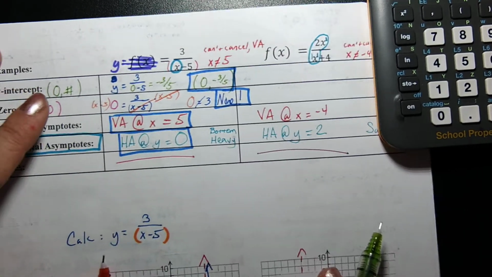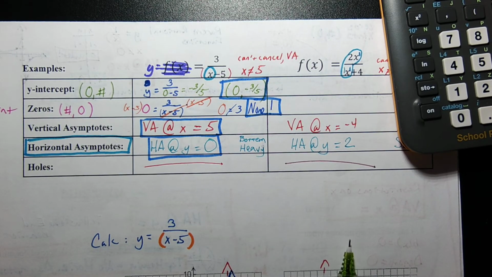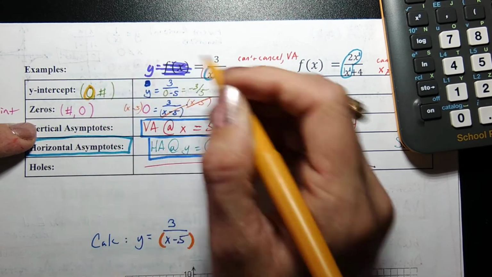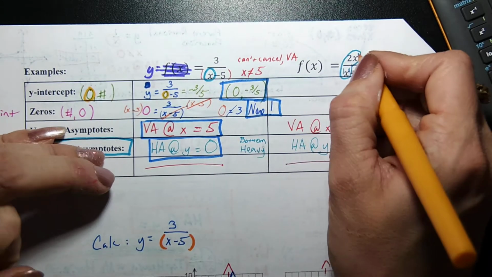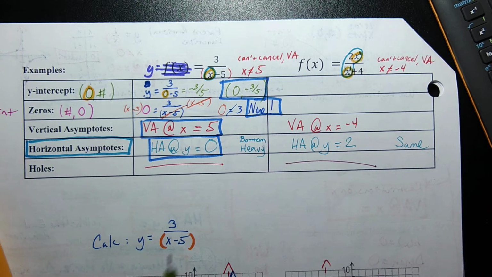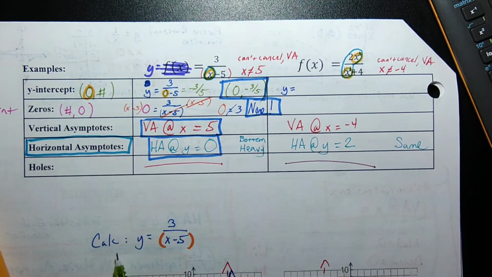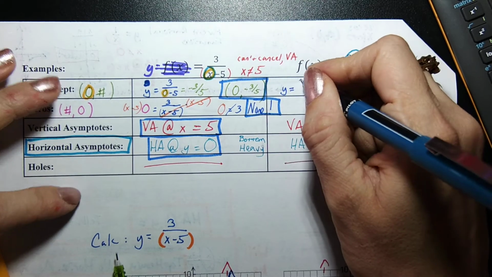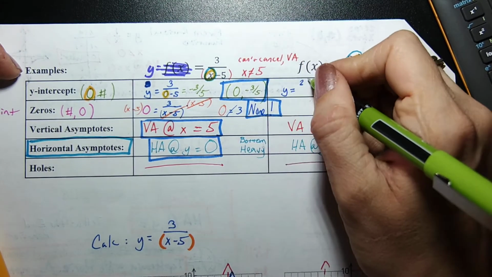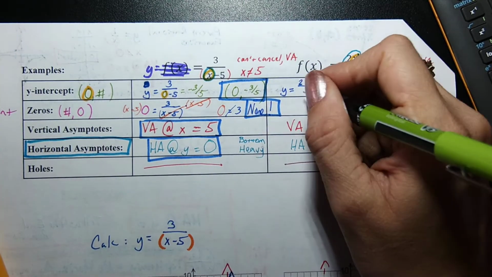So we're going to take 0 and we are going to plug it in for x in our function. So f of x equals 2 times 0 over 0 plus 4.